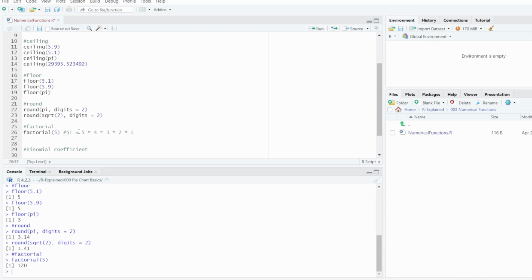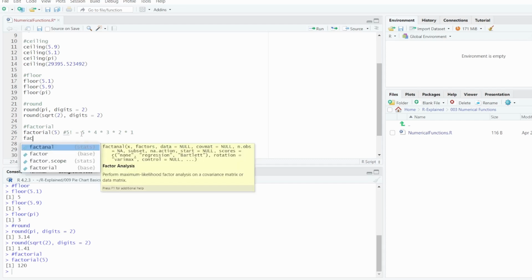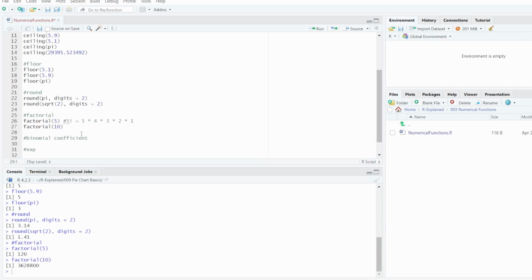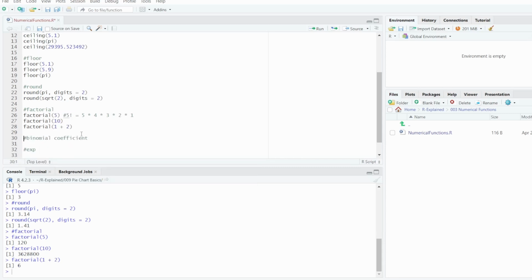We multiply them all up, so the factorial of 5 is 5 times 4 times 3 times 2 times 1. Or the factorial of 10. Or the factorial of 1 plus 2. So yeah, nothing too complicated.